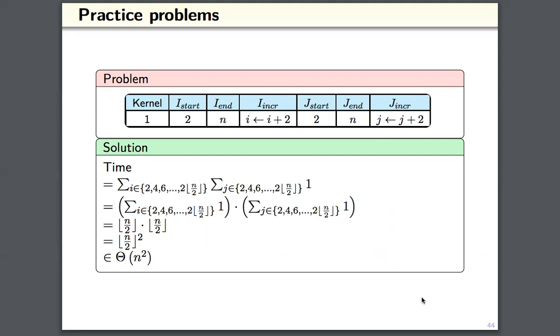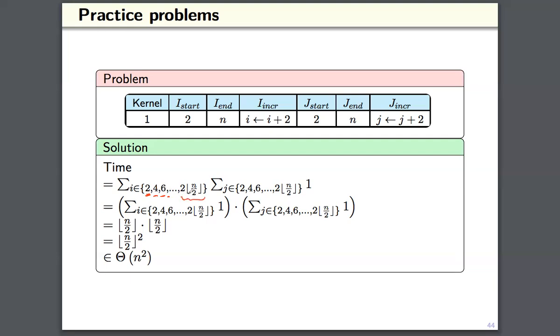Now look at this carefully. So what are the values taken by i? i takes 2, i takes 4, 2 plus 2, right? 4 plus 2, 6 plus 2, 8. So on up till it should be less than n. So what is the number less than n, but it's a multiple of 2?